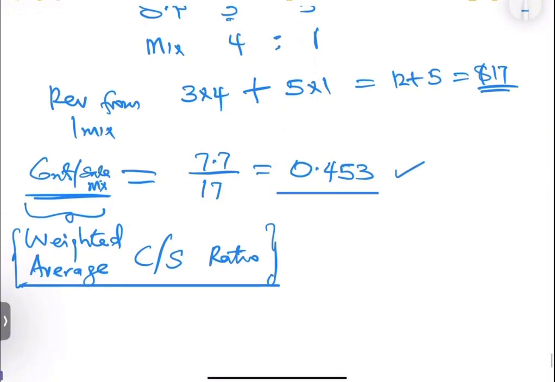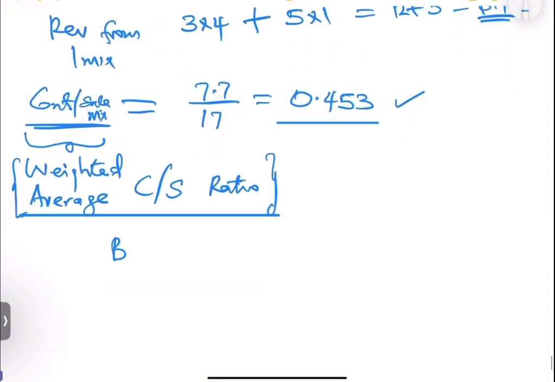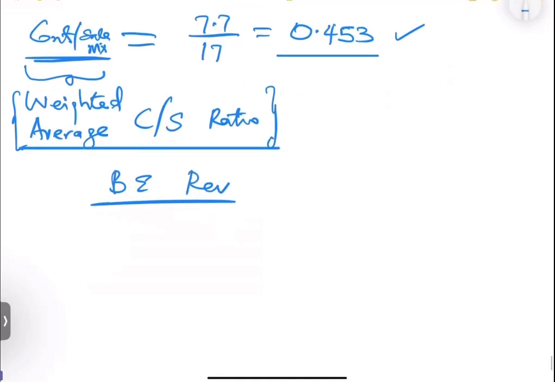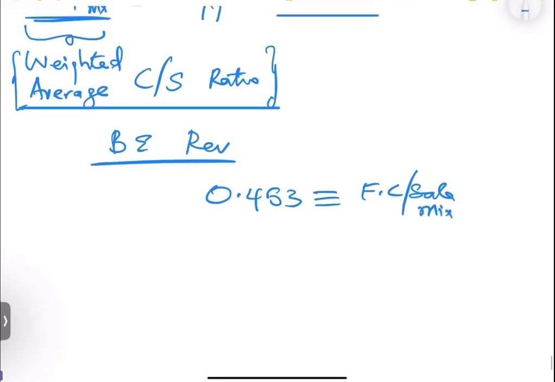Please take note. Right. So now let's calculate our break-even revenue. We know our contribution per sale mix, which is 0.453, the same thing as our fixed cost per sale mix. So what we are saying invariably is that we make 0.453 fixed cost when we have one sale mix.